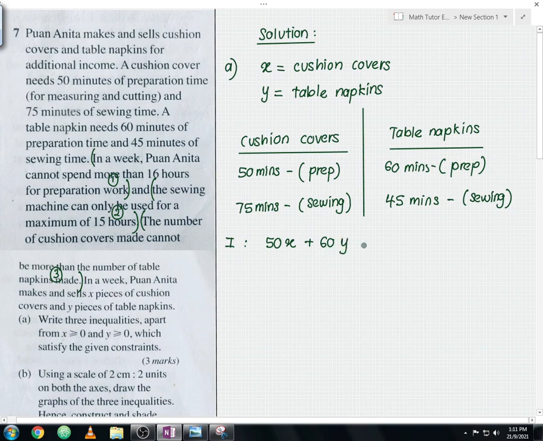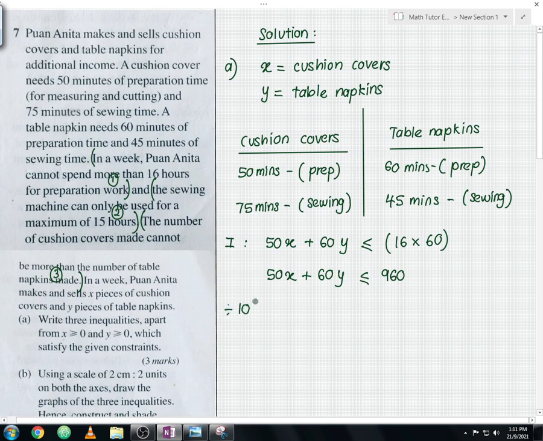It should be less than or equal to, remember guys, you need to convert this into minutes. So you need to times by 60. So 16 times 60. You do this calculation, and from here you get 50x plus 60y less than or equal to 960. Then you divide the whole equation by 10.